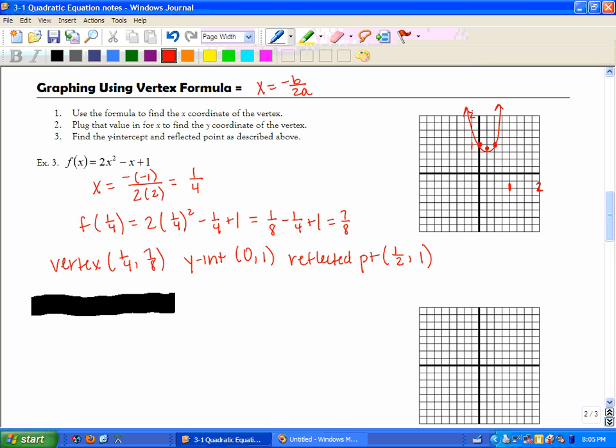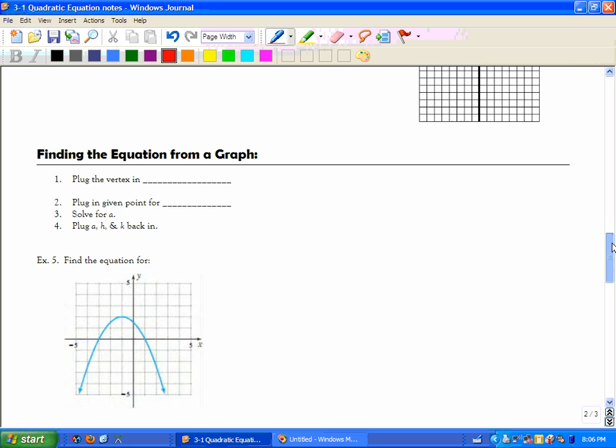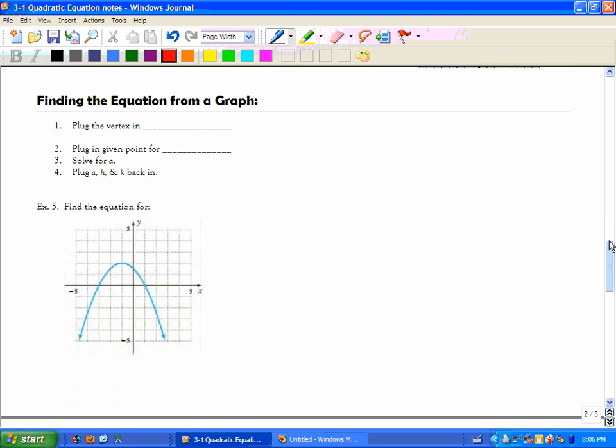So besides graphing parabolas, we can also figure out their equation from a graph. And so you're going to use our new standard form, f of x equals a times (x minus h) squared plus k. So you'll plug the vertex in for h and k, plug in the given point for x and y, and you can solve it for the a and plug all of that back in.